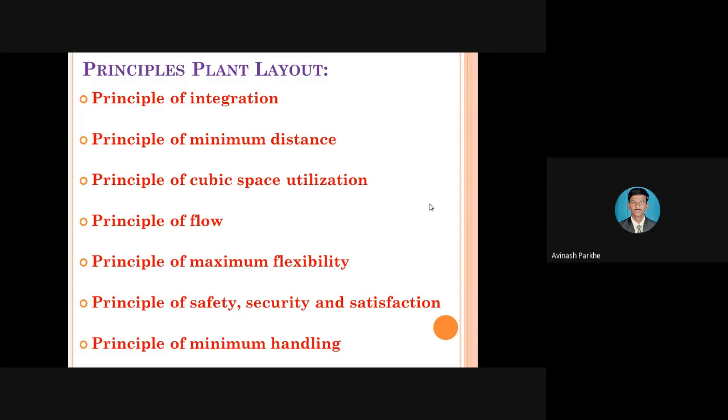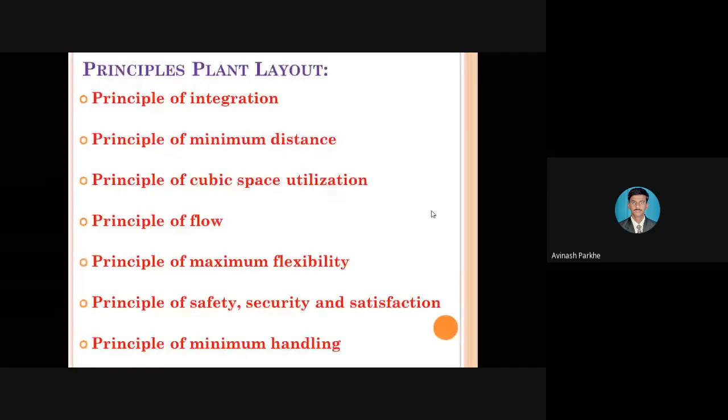In order to avoid such unnecessary travel, the distance between machine 1 to 2, 2 to 3 should be minimum. Therefore, once all the operations are performed on machine number 1, the material will immediately be moved to machine number 2, and the second operations will start.